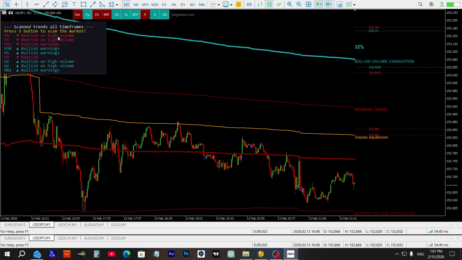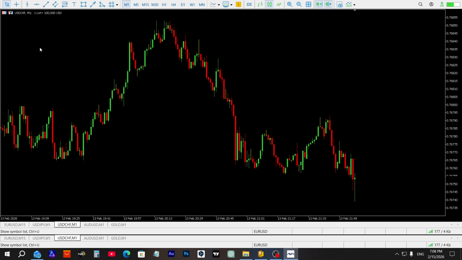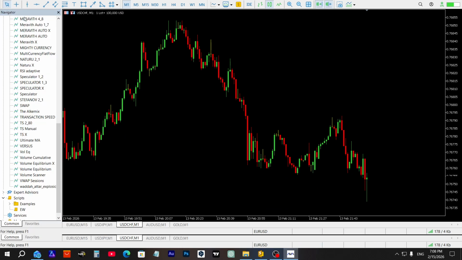This is our scanning results. We got bearish on high volume, warnings, nothing interesting here. We got bullish and bearish trends on high volume, but their first exhaustion line already has been reached. So because I prefer the best pattern, I will proceed further with the next pair.